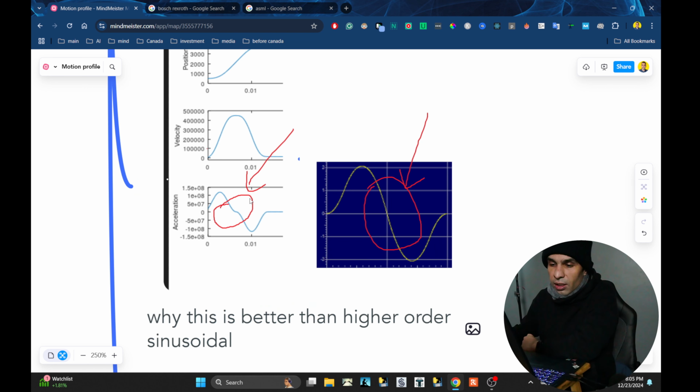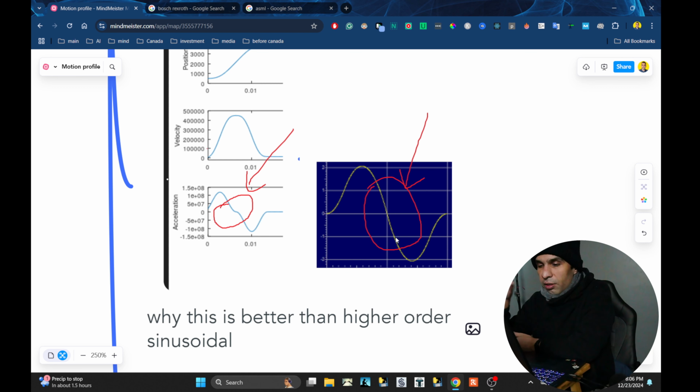In a higher order sinusoidal, you have to slow down, and after that do the next sine. It means you do one sine wave for the acceleration, and after that another sine wave for the deceleration, so it becomes something like a stop. However, for this one there won't be a stop. So this one is very good.